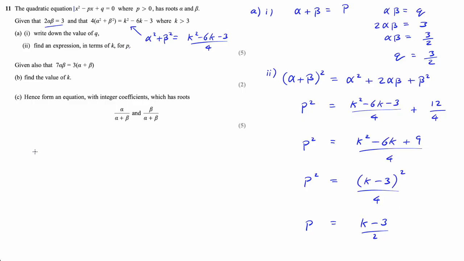Okay, part B, I'll do over here. Given also that 7 alpha beta equals 3 alpha plus beta, find the value of k. Okay, so now we have p and q. So we have alpha plus beta is equal to p, which is equal to k minus 3 over 2.